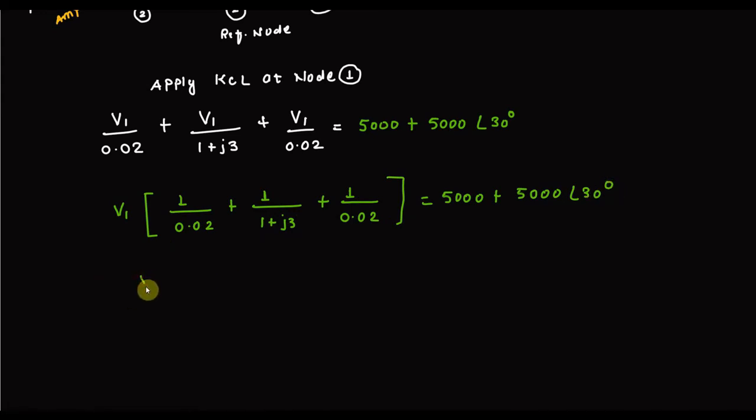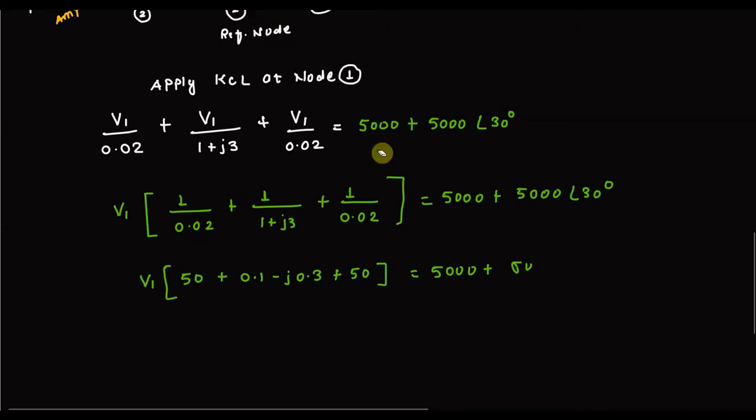So you first solve this. This comes out to be minus j 0.3. 1 upon 1 plus j3, plus 50, and this equals 5000 plus 5000 at an angle 30.